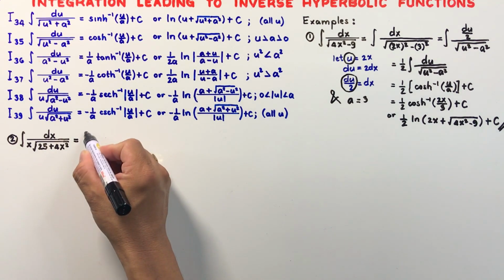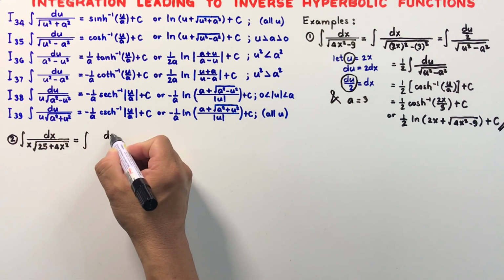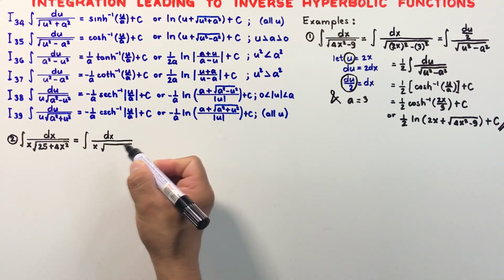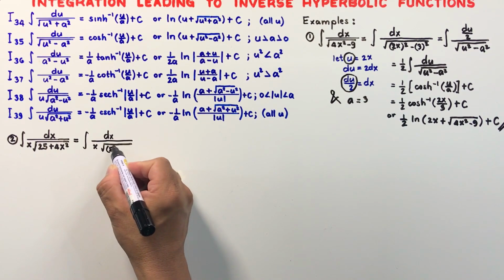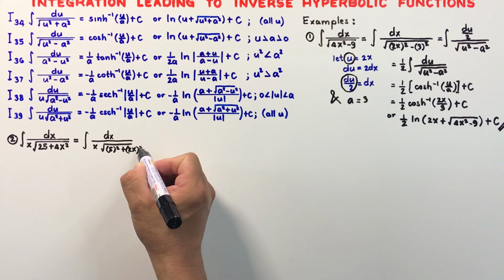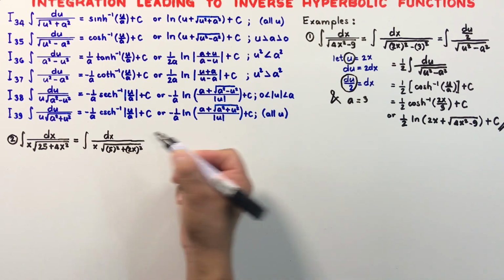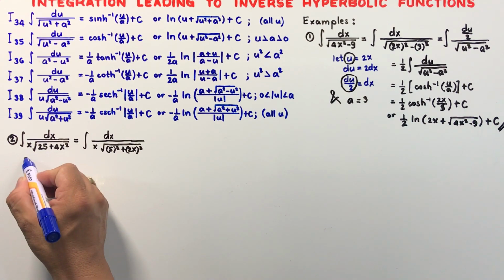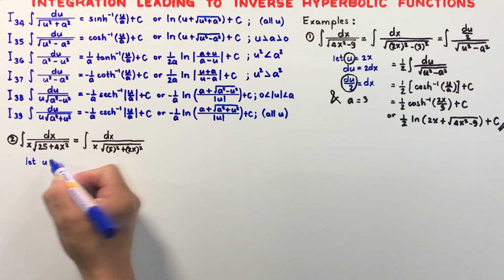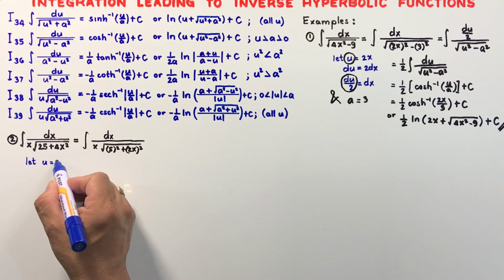So we need to express this integrand where the radicand of our square root should be a sum of two squares. So this is 5 squared plus (2x) quantity squared. So therefore our u in that expression is 2x.